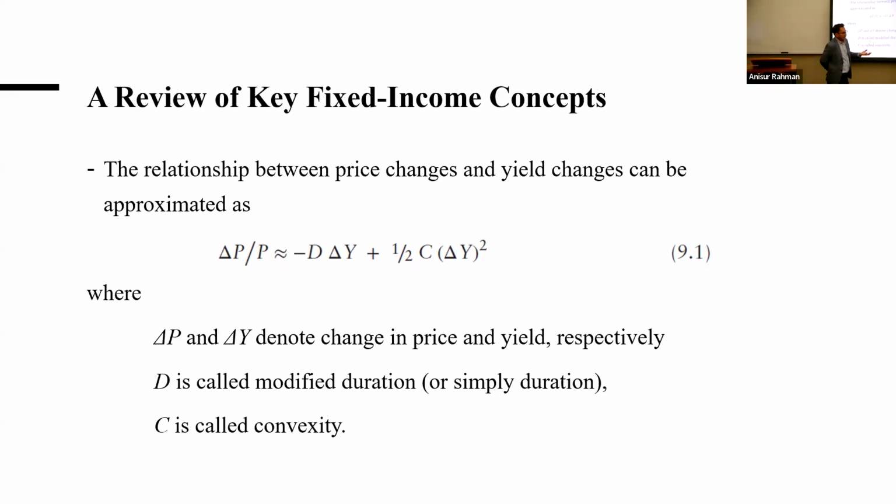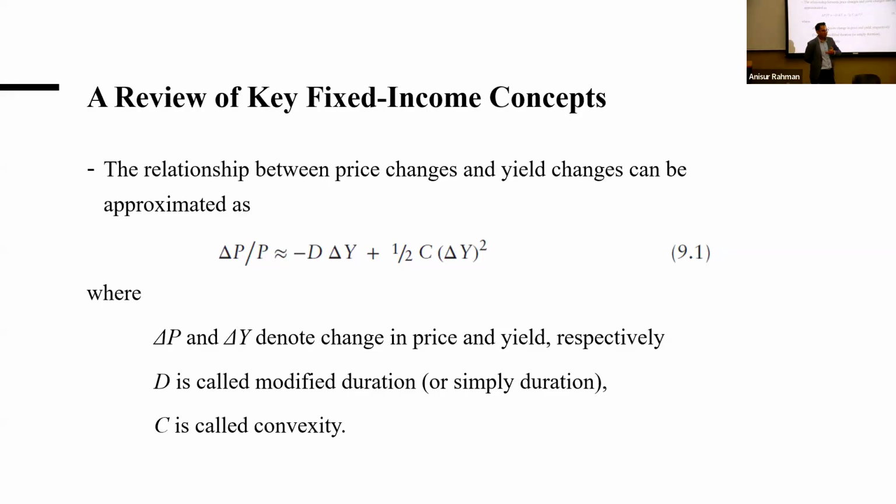So in a very general sense, what is the price of a bond? From a discounted cash flow perspective, the price of any financial asset is the present value of all future cash flows. Isn't that right?